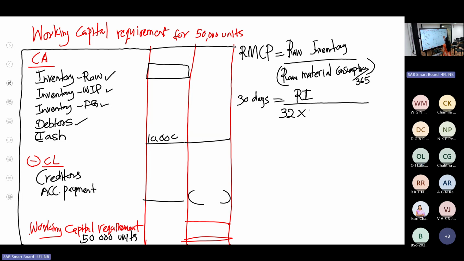Exactly. Then we have to find the daily consumption, so divide by 365. Now you can find the raw material inventory. How much is it? Find it. $32 multiplied by 50,000.